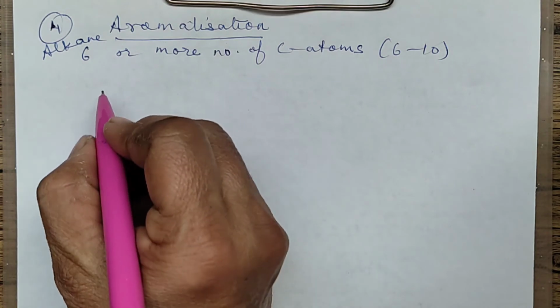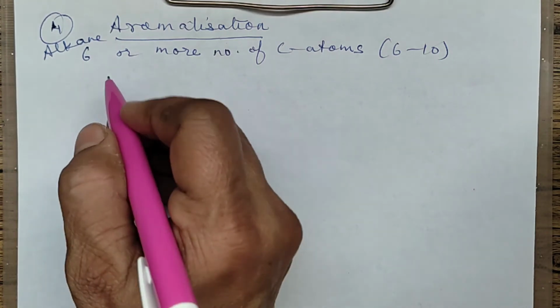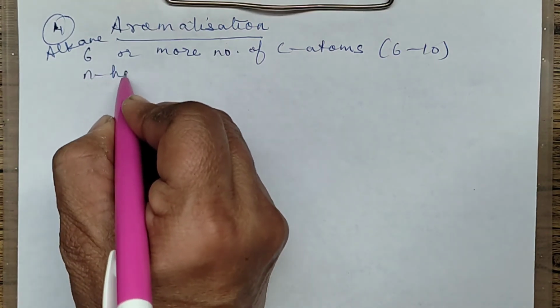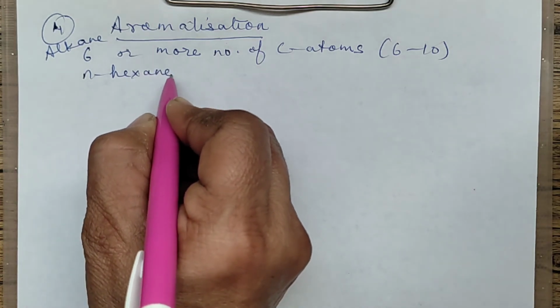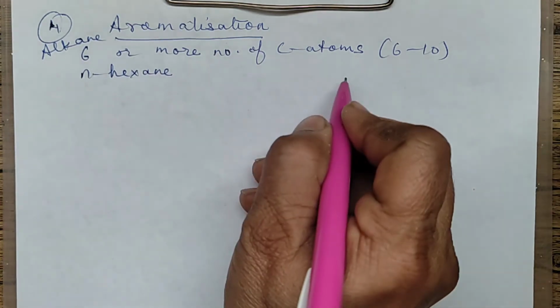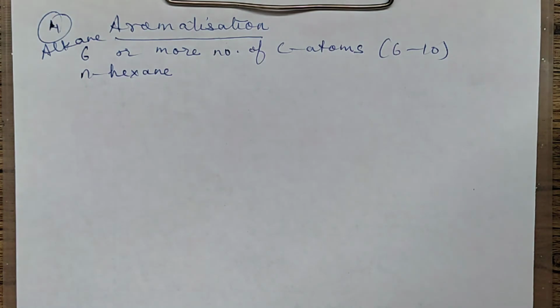For example, if you take normal hexane, then it will form a 6-membered ring, that is, it will form benzene.